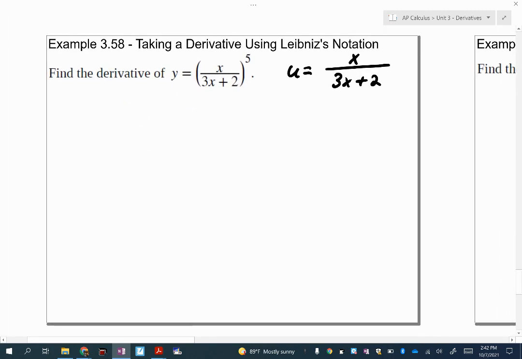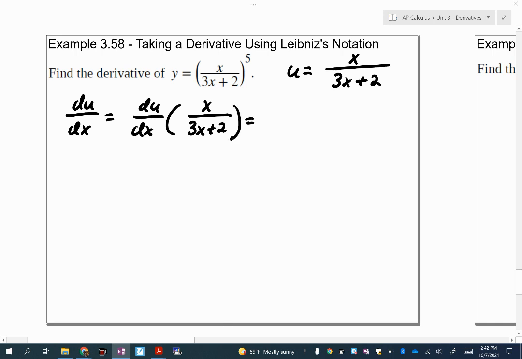So the first one I'm going to do is du over dx, which is the derivative of x over 3x plus 2. Now this is going to be where I use the quotient rule, all right, the quotient rule from our 3.3 lesson, which says to find the derivative of the numerator, which is 1, times the original denominator, minus the derivative of the denominator, which is 3, times the original numerator, all over the denominator squared.